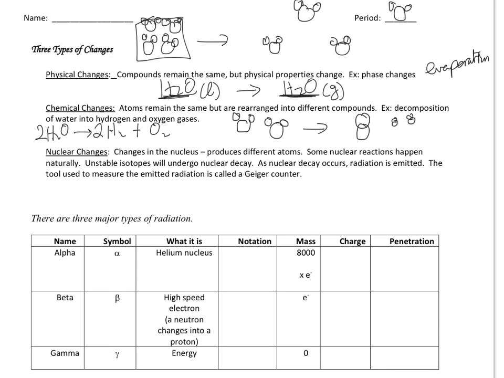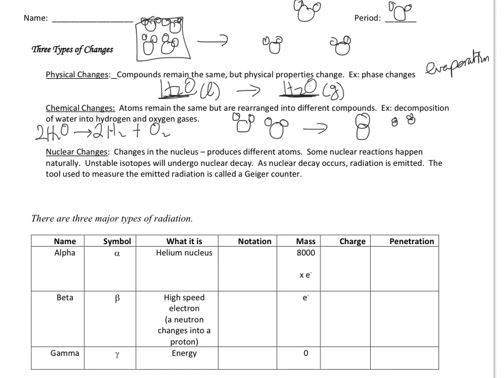And some are reactions that do not happen naturally that we can have in a lab, in a nuclear reactor. So what happens is that the unstable isotopes, you learned about isotopes yesterday, will undergo nuclear decay.